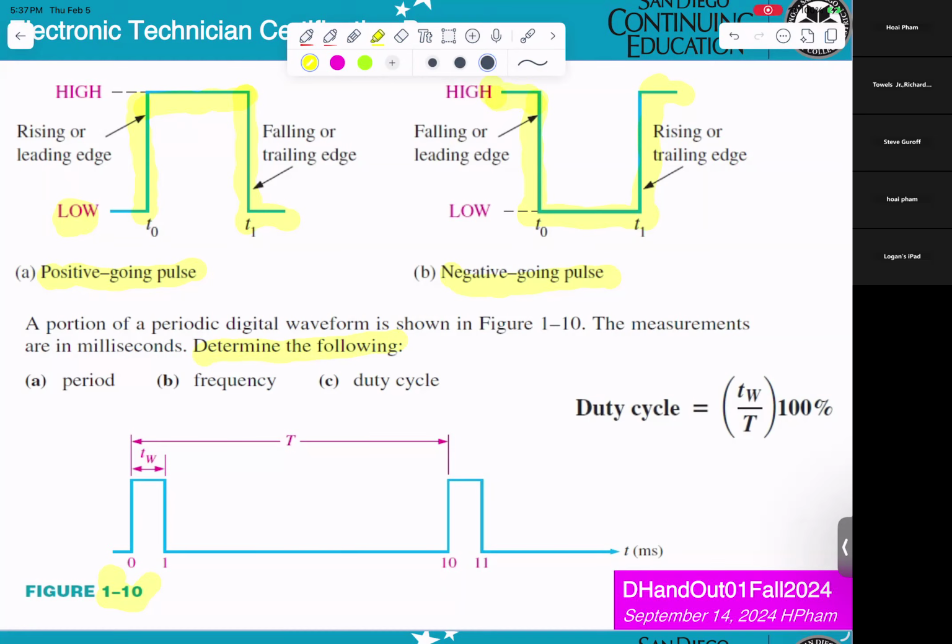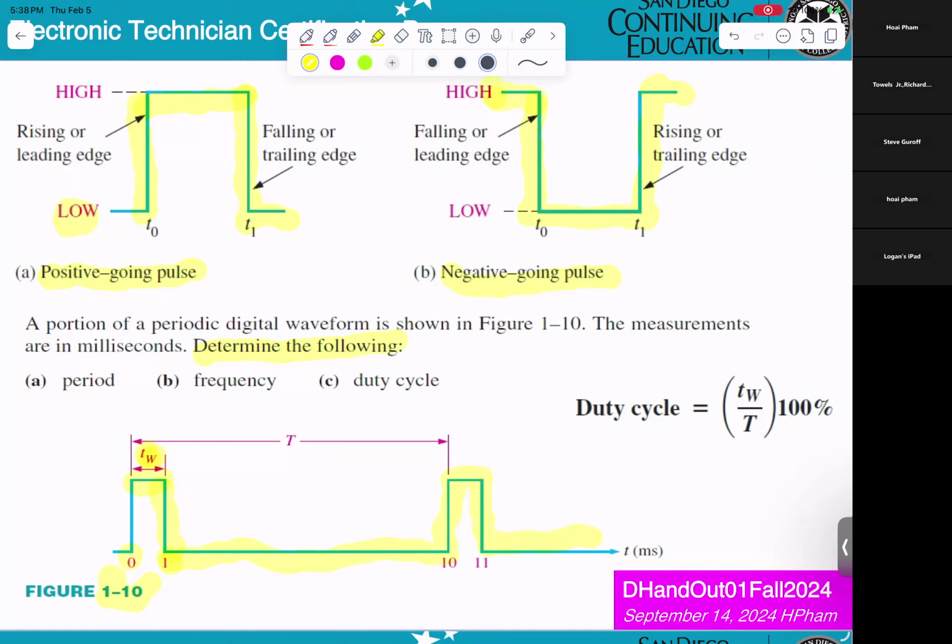You see the signal at 0, they go up for TW, the pulse width. Okay, then they go down, and then they could keep going here and repeat again.